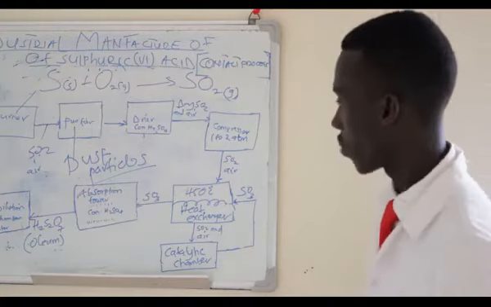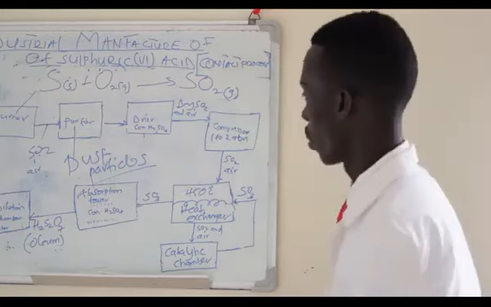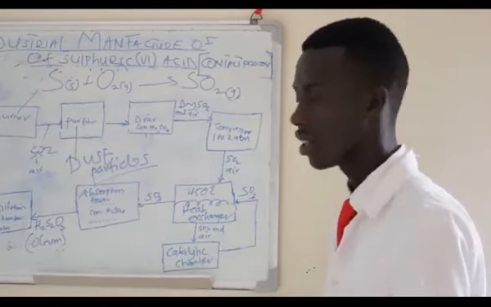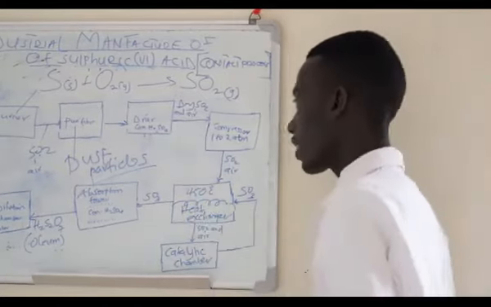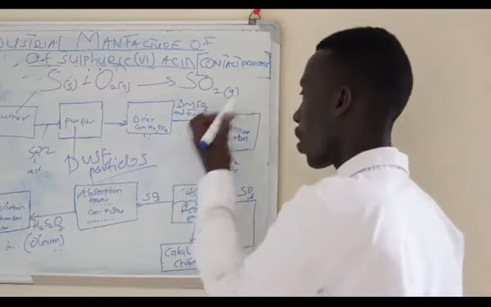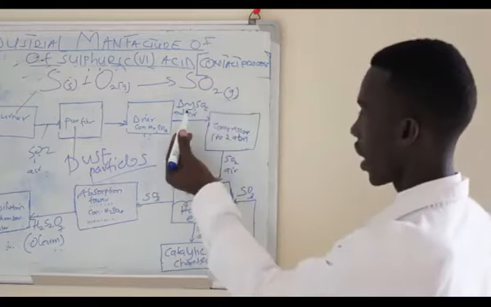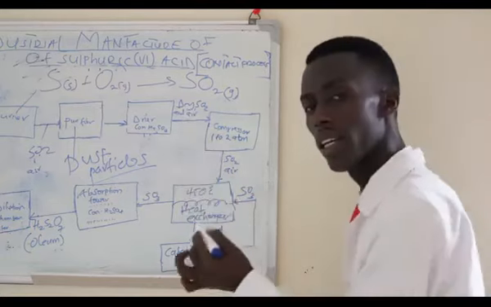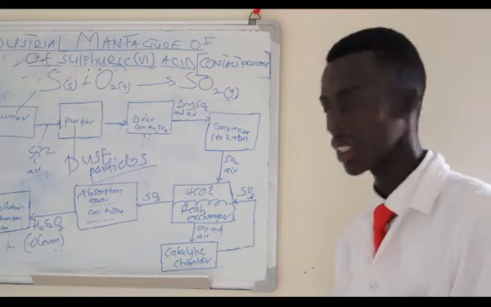This is the purpose of the dryer, just to dry the gas using our drying agent, concentrated sulfuric acid. Now the dry gas, which is sulfur dioxide in air, is taken into the next chamber, which is the compressor.